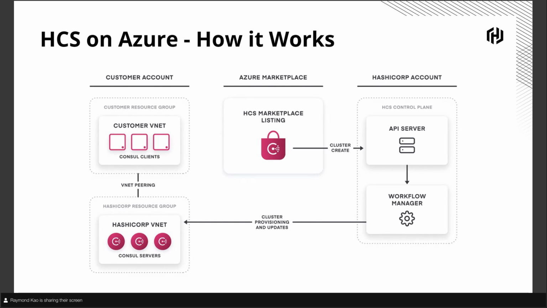And so once they're paired together, what happens is that you can then communicate back and forth across the networks accordingly. More importantly, you're going to be communicating with the private FQDN or endpoint that is associated with your HashiCorp cluster. And we'll see that in a second in the configuration. So just like you would connect to or do a retry join in your own cluster, you basically try to retry join against that private FQDN or domain name that gets provisioned for you.